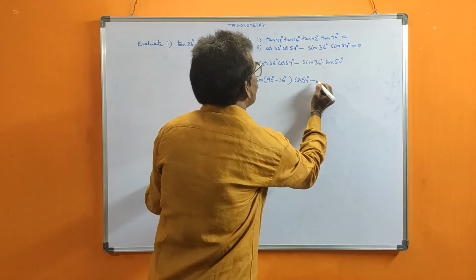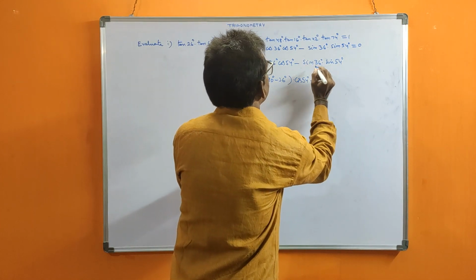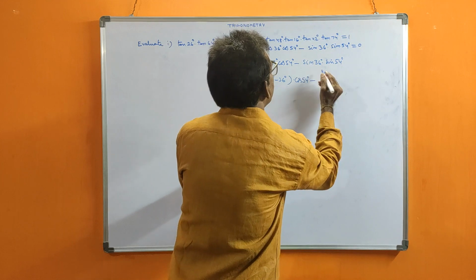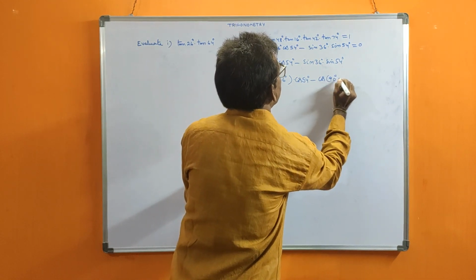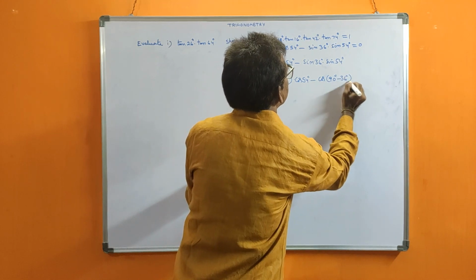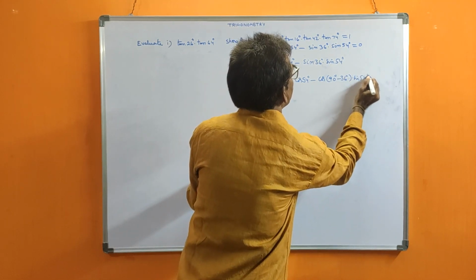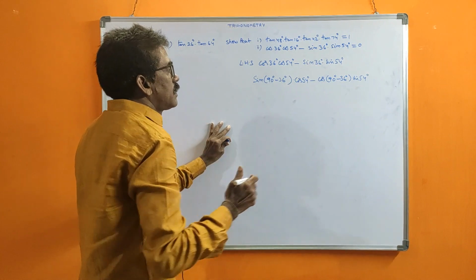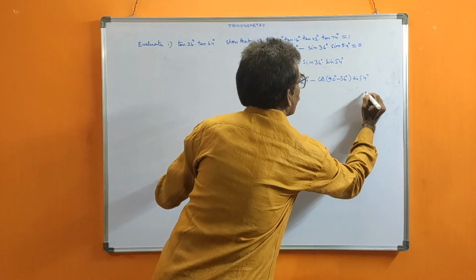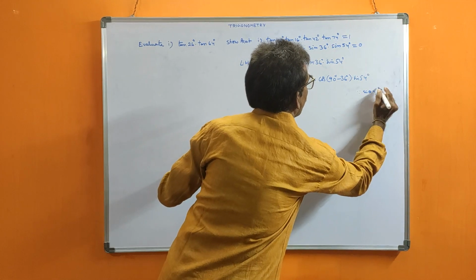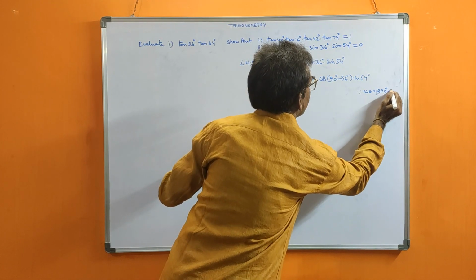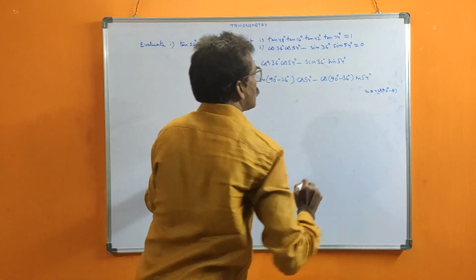Minus, here also 36 only you convert. For sin, what is the co-ratio formula? Cos of 90 minus theta. Theta is 36. Here anyway it is 54. For the reason, you write sin theta is equal to cos of 90 minus theta.